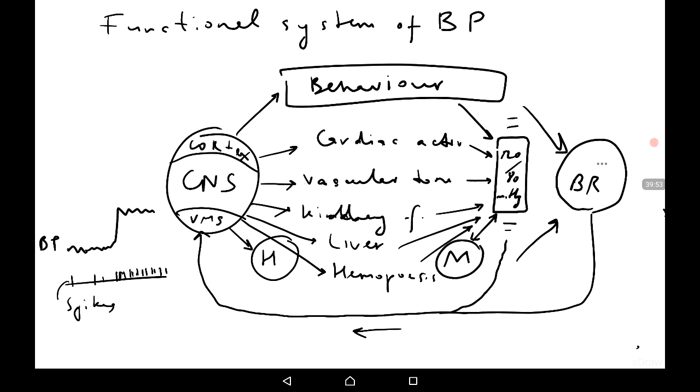And it was found that the key mechanism of this disease is emotional stress.